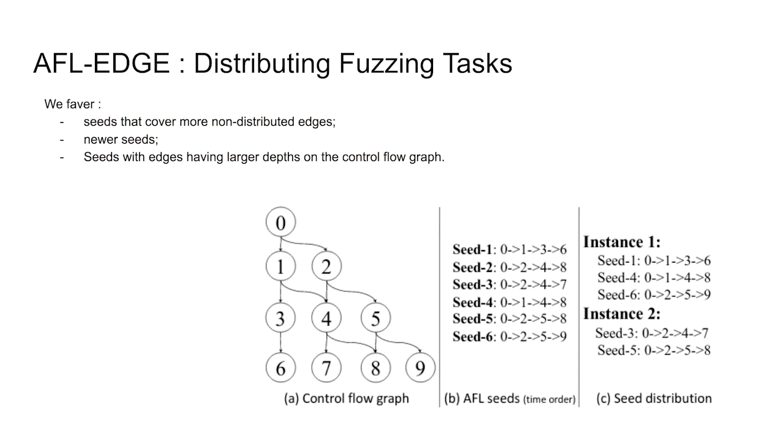The third one is that we favor the edges that have larger depths on the CFG. This is to reduce the search space when picking the seeds. Because as we observed, the deeper edges are typically reached by fewer seeds.